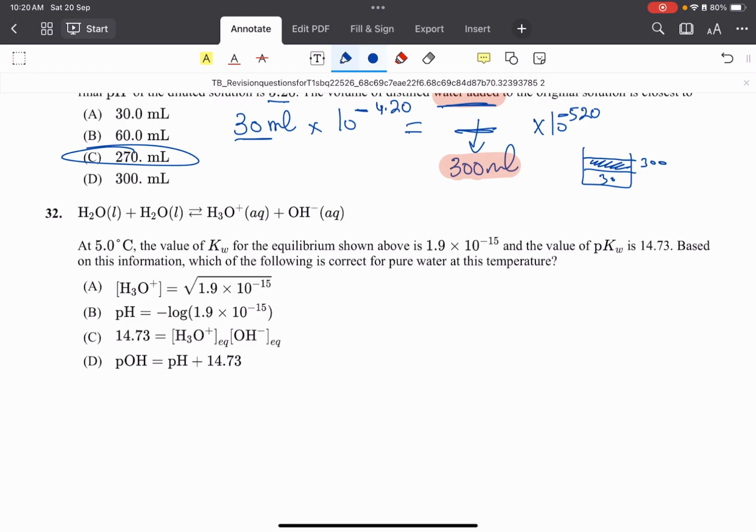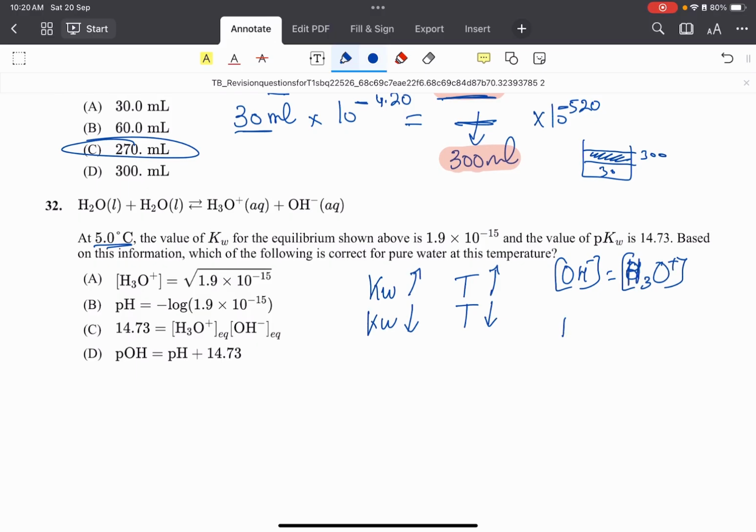Again, autoionization of water, they lowered the temperature. So the Kw is going to be less, because Kw increases when the temperature increases, and Kw decreases when the temperature decreases. Always the concentration of OH minus and H3O plus remains equal. They vary, but they remain equal. pH and pOH are always equal, but they might increase or decrease.